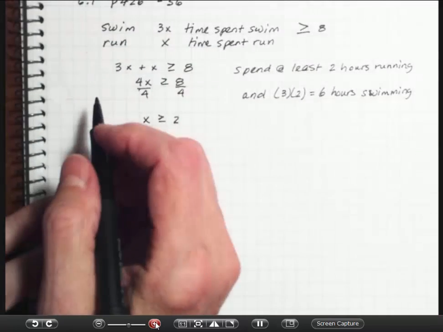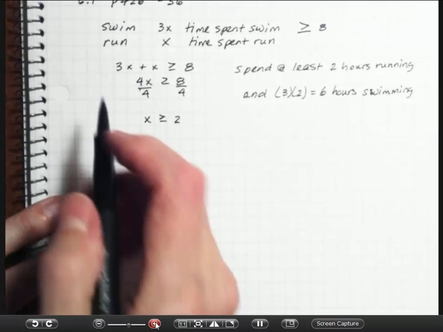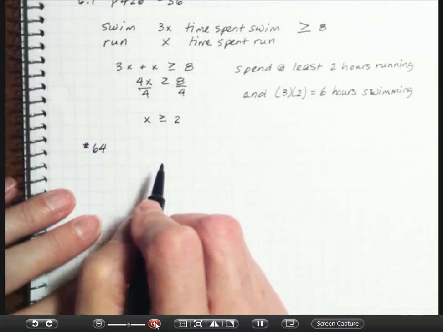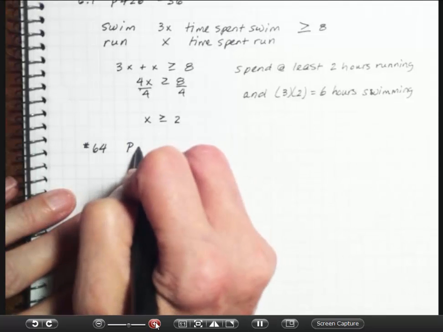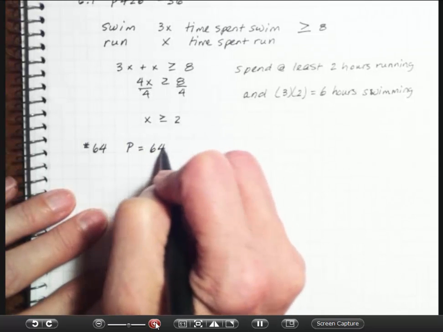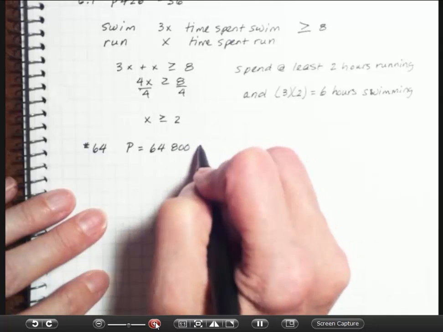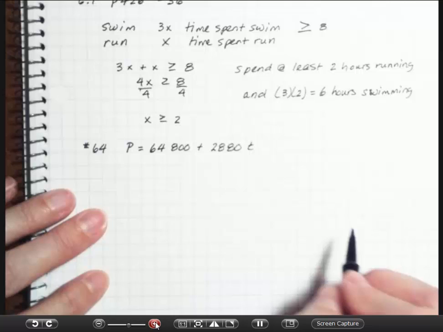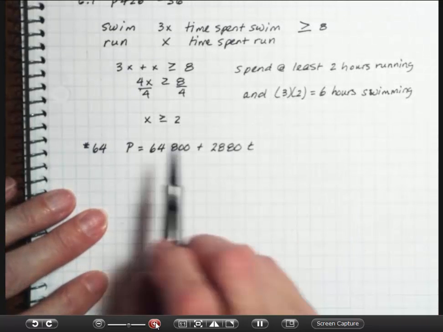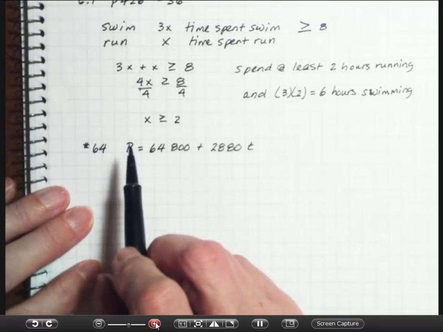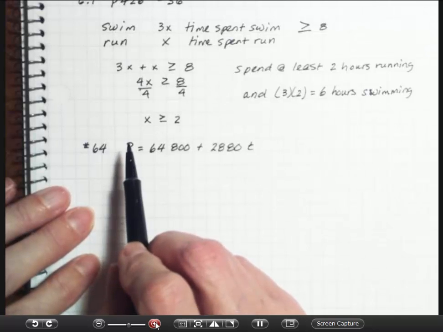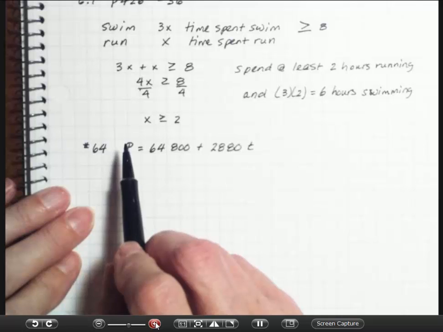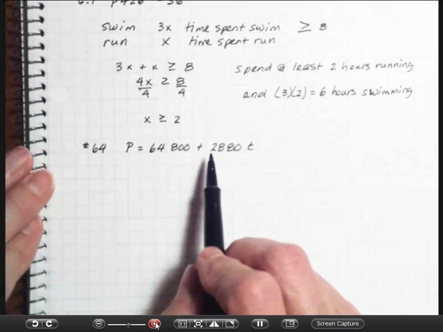The next problem is going to be problem number 64 in the same section. And we're given an equation here. P is equal to 64,800 plus 2880 T. And this means that P is representing the pay per year for a chemical engineer major, and T is representing the years worked after college.